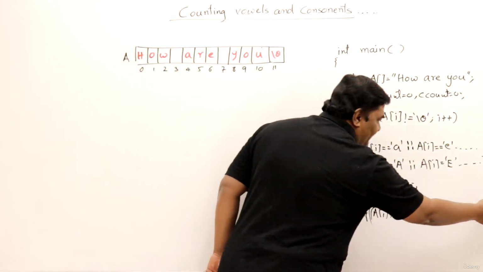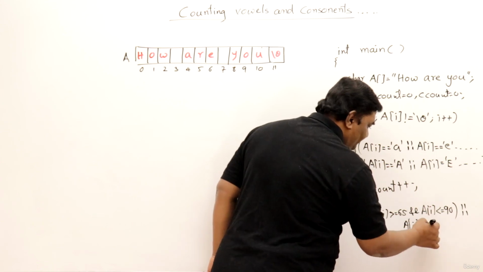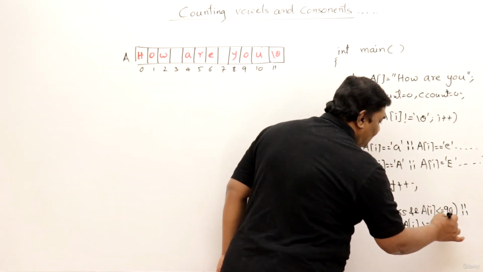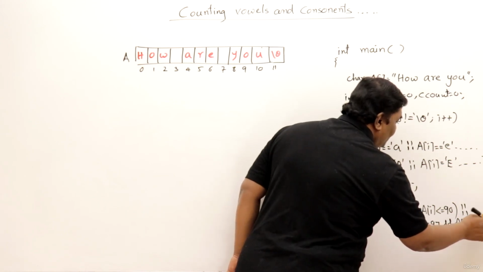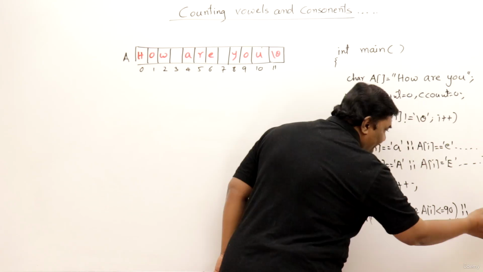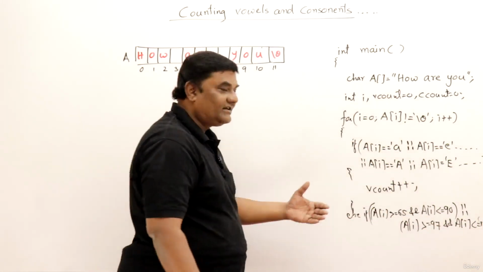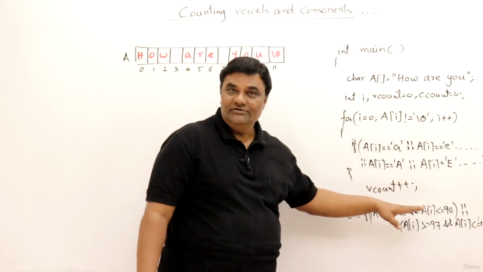So again, I should continue here, so I will write here: A of i should be greater than or equal to 97, and A of i should be less than or equal to 122. So if it is within this range, that is either lowercase or uppercase. See, already we have checked it is not among A, E, I, O, U.